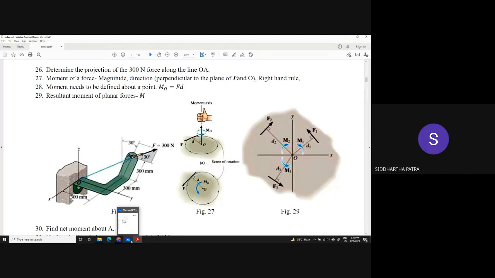That means if it is not supported by some means, some support rather, it would start rotating, or start developing an angular acceleration, so to say. So this tendency of rotation, as it turns out, is dependent on two quantities, and actually turns out to be proportional to both.